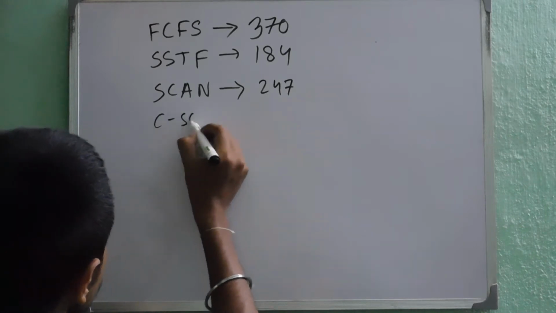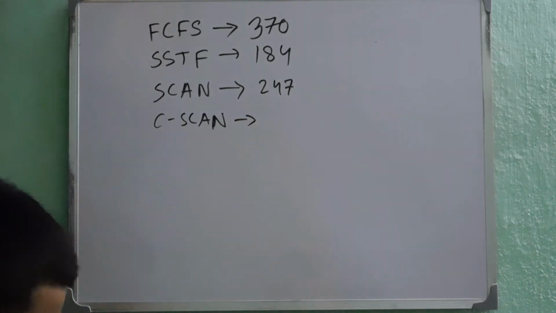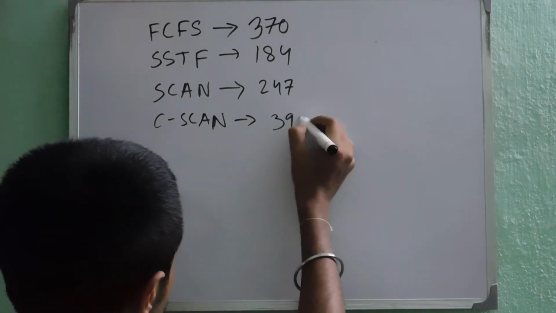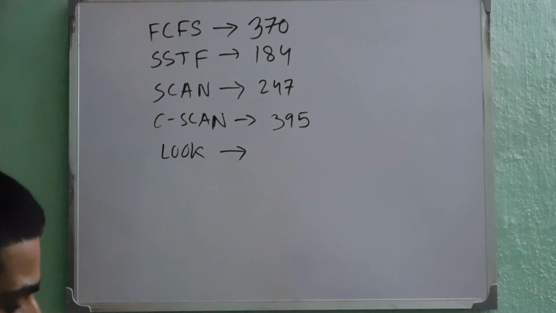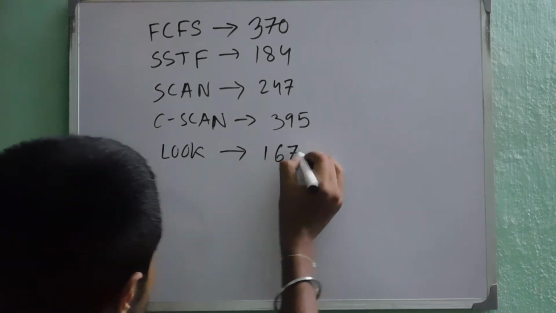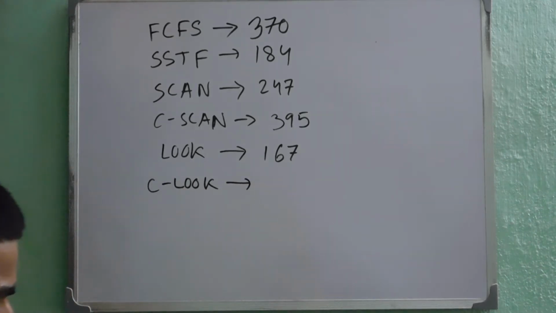For C-scan we had 395. For LOOK we had 167, and for CLOOK we had 211.